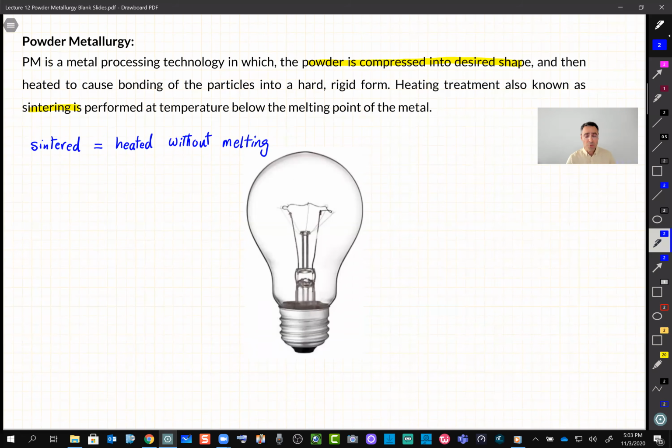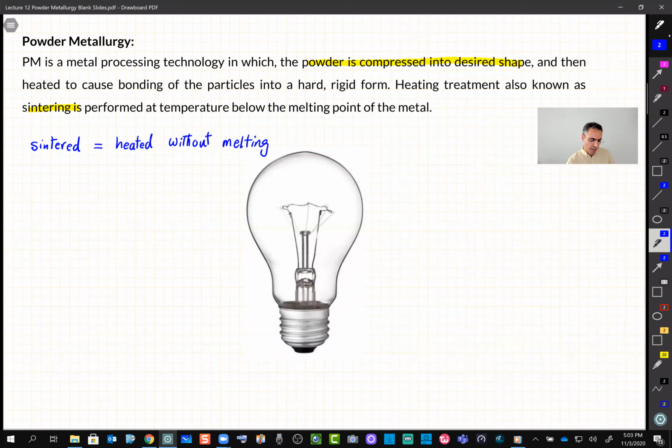So when we use the terminology sintering, it means we don't melt a metal. It is slightly melted, maybe in the outer layer, which I will elaborate on shortly. And we get the object that we want out of this method.